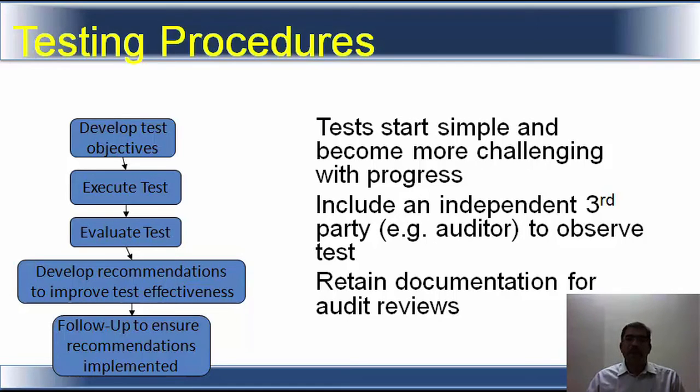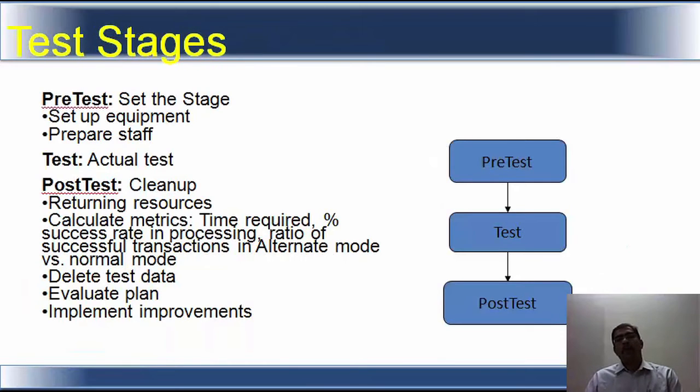Now, the testing procedure is: first you develop the test objective, you execute the test, you evaluate the results of the test, you develop recommendations to improve the test effectiveness, and then you follow up to ensure that the recommendations are implemented.